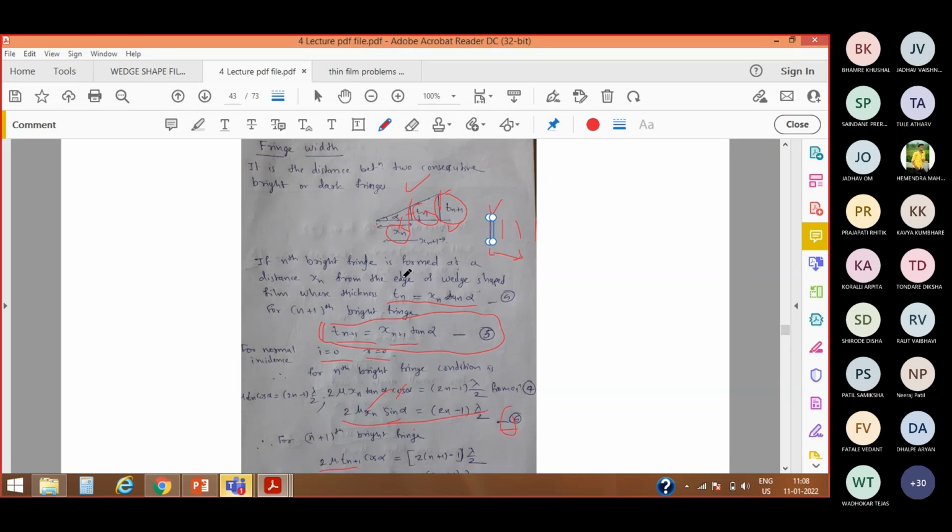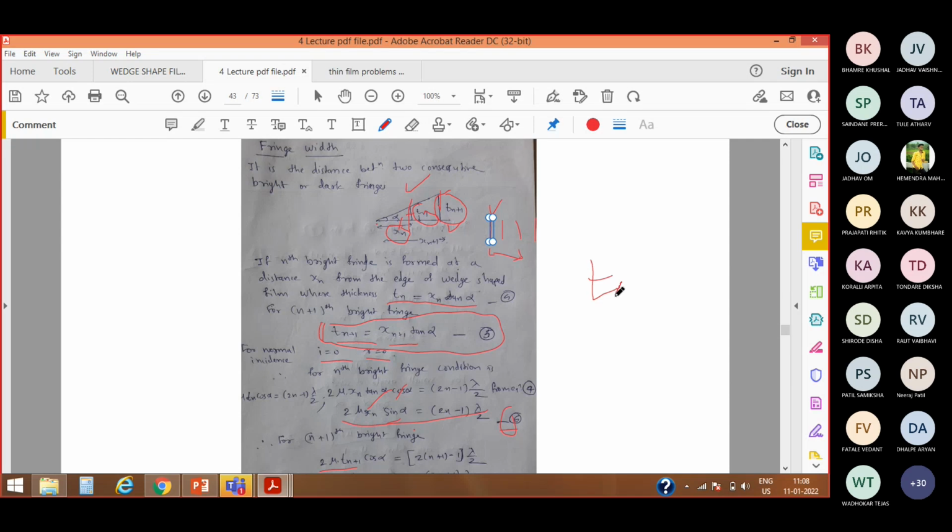if the nth bright fringe is formed at a distance xn from the edge. So this is the bright fringe I got here at a distance xn from the edge of the wedge-shaped film. How much is its thickness? It is given by the equation Tn = xn tan alpha. Or what is tan alpha?